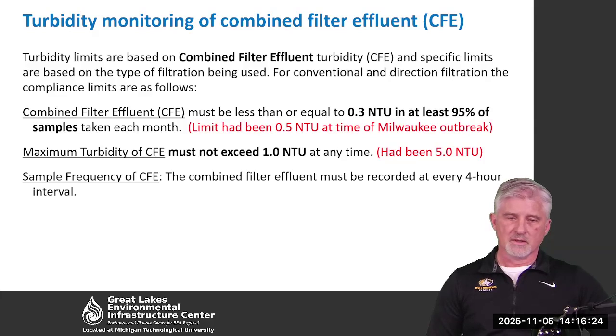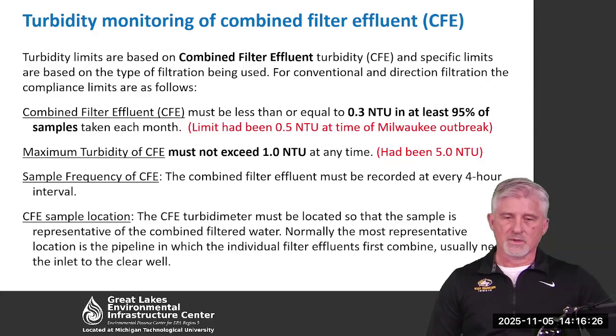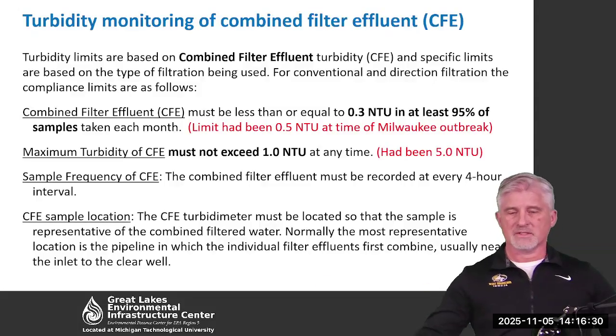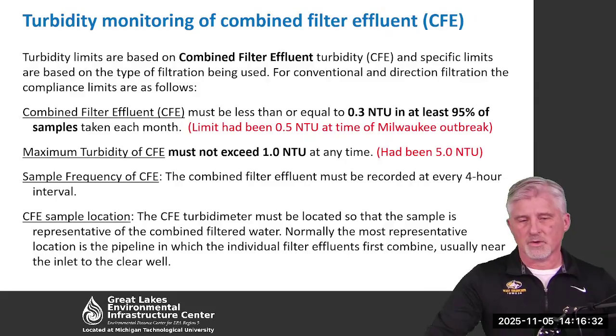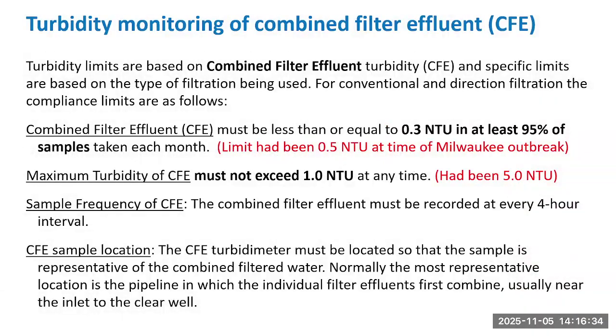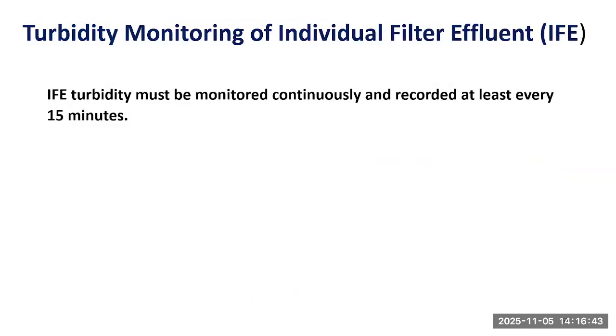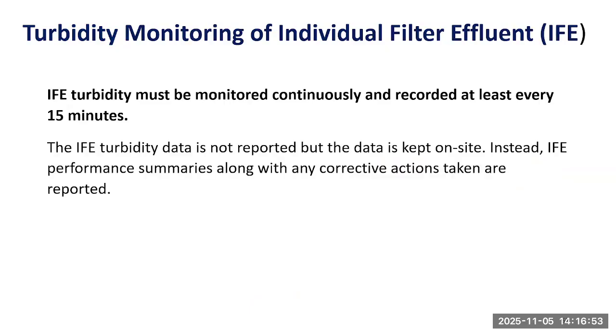You must record the CFE every 4 hours, and the CFE turbidity meter must be located so the sample is representative. Typically, the best spot for that is usually near the inlet to the clear well. So we'll look at what the turbidity monitoring requirements are for individual filter effluents. They've got to be monitored continuously and recorded every 15 minutes.